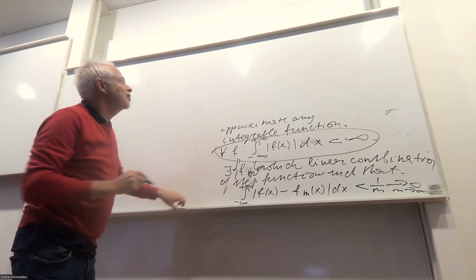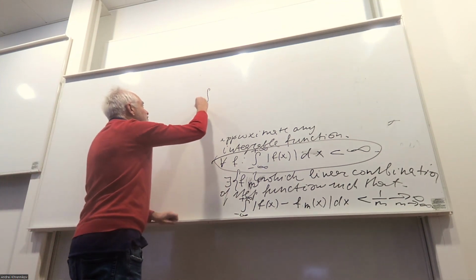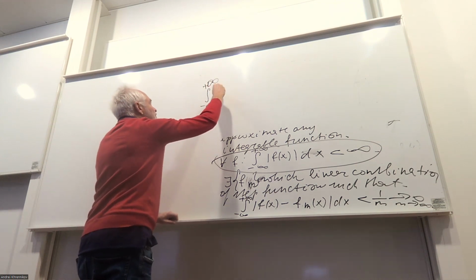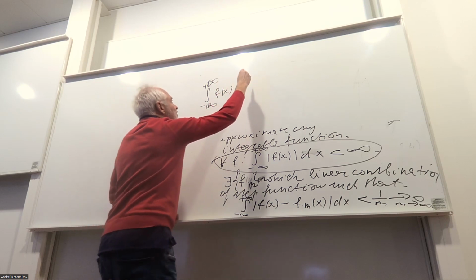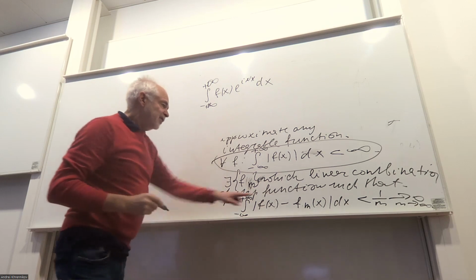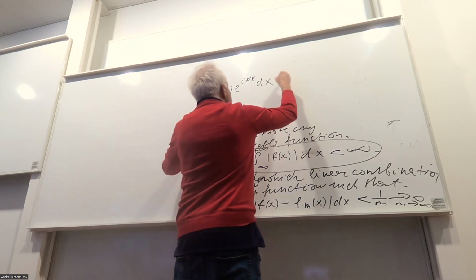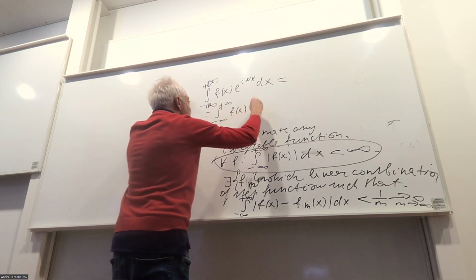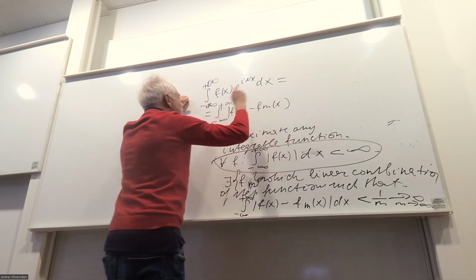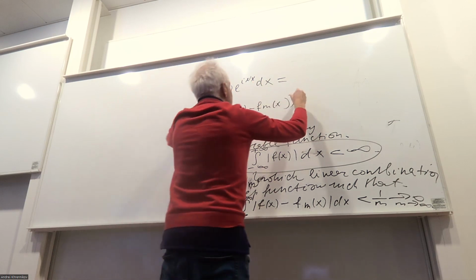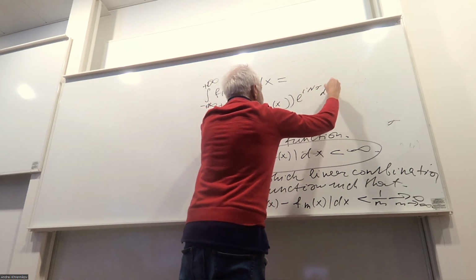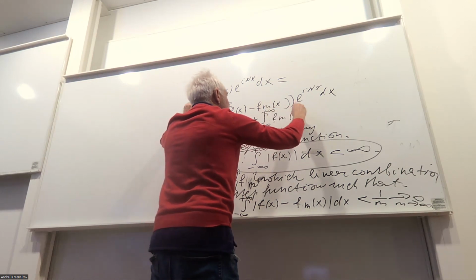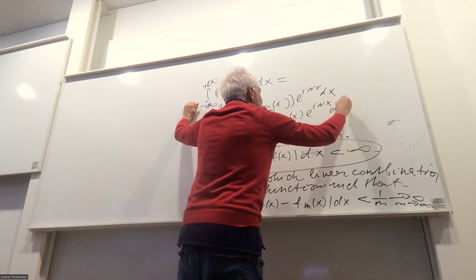If you write the integral from minus infinity to plus infinity of f(x) e^(inx) dx, now we subtract such a function and add such a function. So we write this as the integral of (f(x) - fm(x)) e^(inx) dx plus the integral of fm(x) e^(inx) dx.